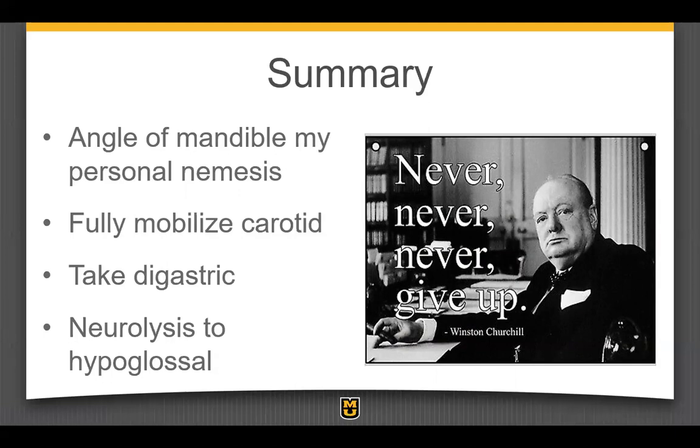Oftentimes there's some redundancy in older patients, and this will allow you to pull down on the internal carotid artery to gain exposure of the soft portion for a clamp, and then this makes the operation much more feasible. Taking the posterior belly of the digastric muscle up should be done routinely if you're having trouble, and then consider a neurolysis of the hypoglossal nerve, and even considering coming above and below the hypoglossal nerve itself to perform the operation.